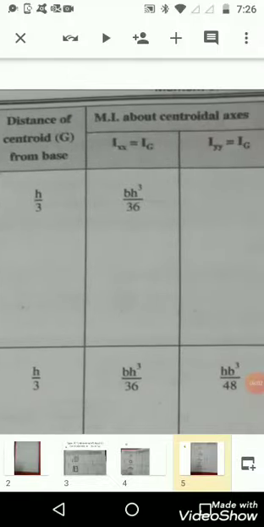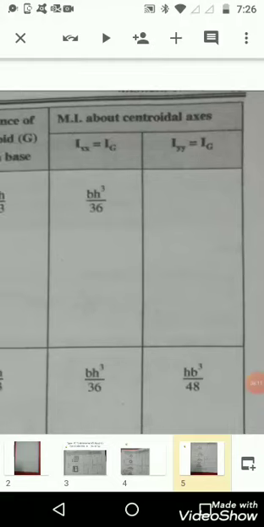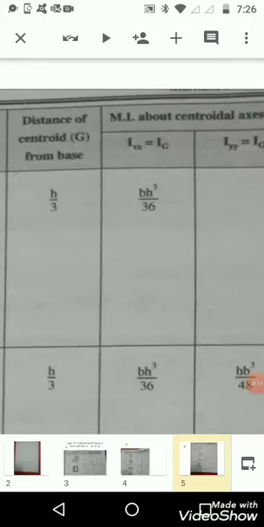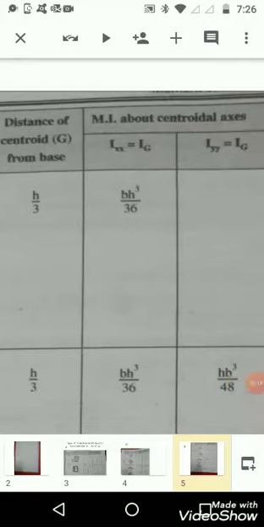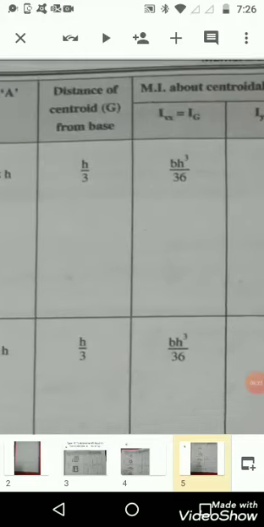In moment of area we had the same formula. You might have written it down or taken a photo of it. Only the formula for moment of inertia about the centroidal axis changes. So here Ixx is BH cube by 36, and Iyy is the same, BH cube by 36.